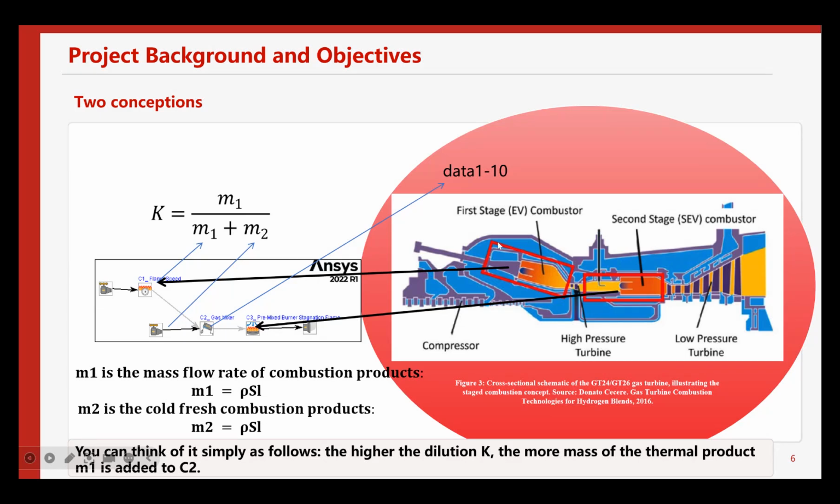The C1 is the first stage combustor and the C3 is the second stage combustor. The after-combustion products mix with the cold fresh combustion products. So you can think of it simply as follows: the higher the dilution K, the more mass of the thermal product is added to C2.